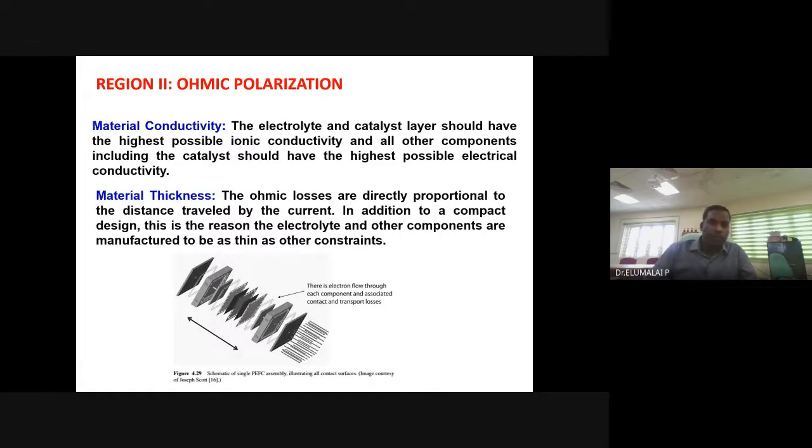Instead of using a thick membrane, use a thinner one, so the resistance will be less. Instead of a less conducting electrolyte or electrode, use a better conducting one so that you can minimize the ohmic polarization or ohmic resistance. Eventually, the loss due to ohmic polarization can be minimized.